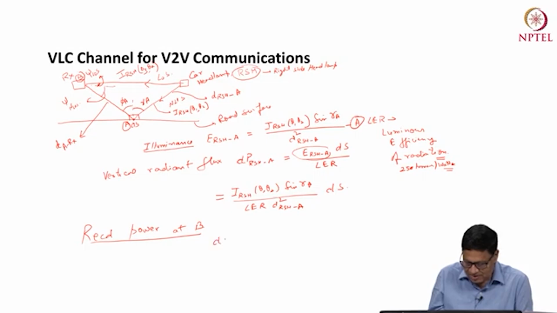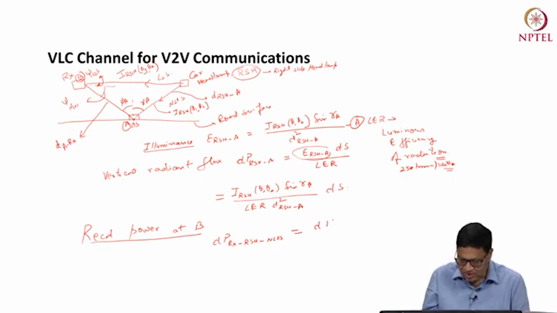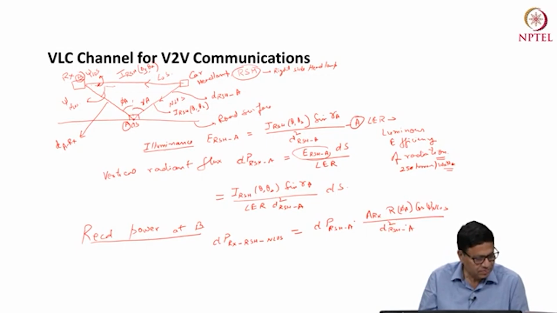Let us designate this as dP coming from the surface ds at the receiver from the right side headlamp, non-line of sight, equal to dP, the vertical radiant flux dP RSH A, into the area of the receiver Rx, into R phi A, the reflection or scattering part, cos psi NLOS, divided by d square, this distance A to Rx.